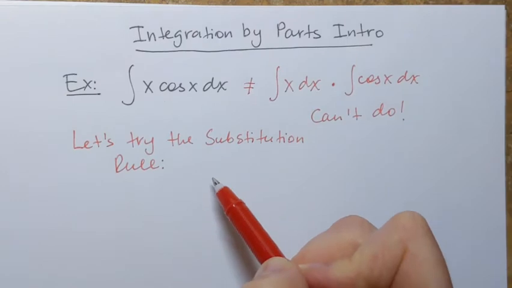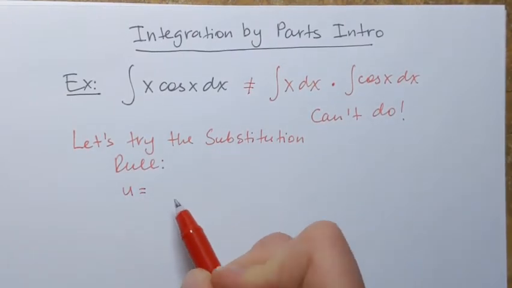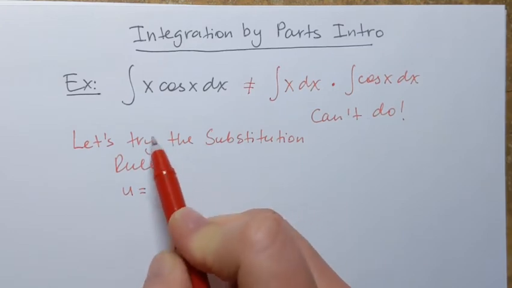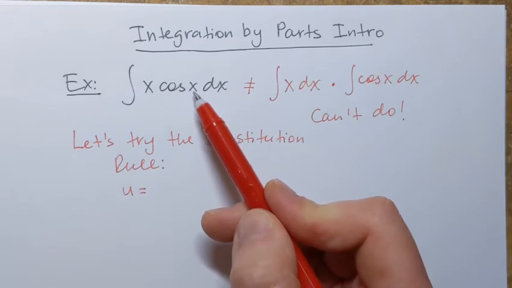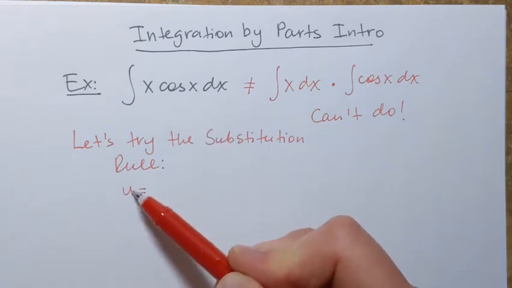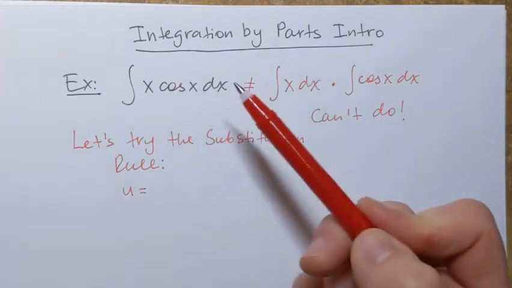So with the substitution rule, we have to introduce a new variable u. We want to decide what u might be within our original function. Well, replacing x itself with u makes no difference, right? So we need to create a bigger part. Well, maybe let's try cosine.